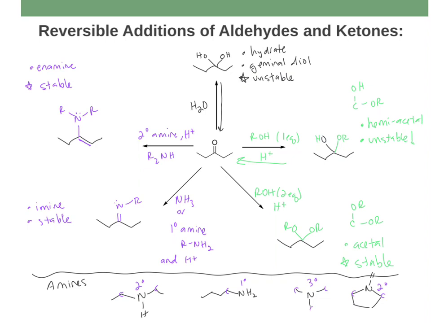All you have to do to reverse any one of these is to simply add acid and water. So I'm just going to put H3O+, and the reverse for this one, H3O+. So you just add a little acid and water and it reverses back to that parent, in this case, ketone, super quickly, super easily.